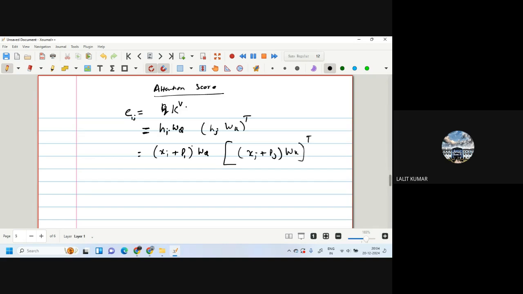And then they said that this will become xi WQ into WK transpose xj transpose. Only this is the relevant term, and the last is the relevant term pi WQ WK transpose pj.